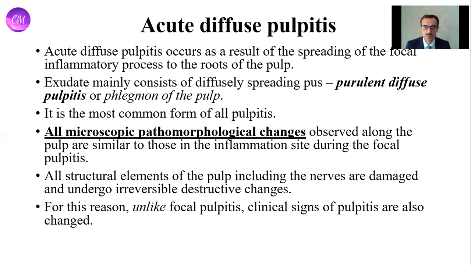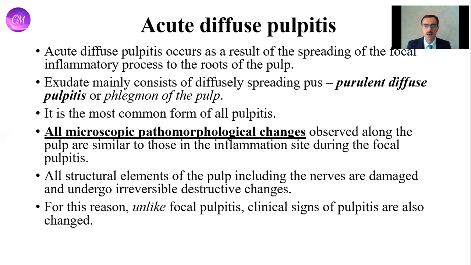It is the most common form of all pulpitis. All microscopic pathomorphological changes observed along the pulp are similar to those at the inflammation site during focal pulpitis. All structural elements of the pulp, including the nerves, are damaged and undergo irreversible destructive change.